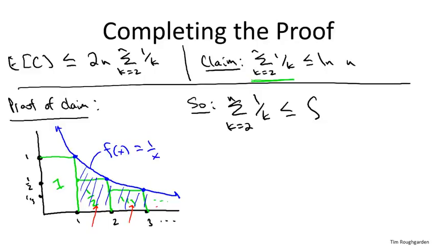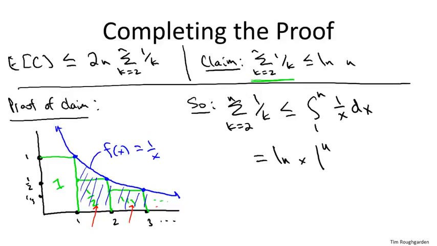So putting that into mathematics, the sum from k equals 2 to n of 1 over k is bounded above by the integral, and we'll start the area under the curve at 1, and then we need it to go all the way up to n, of the function 1 over x dx. So that's the area under the curve. And if you remember a little bit of calculus, the integral of 1 over x is the natural log of x.